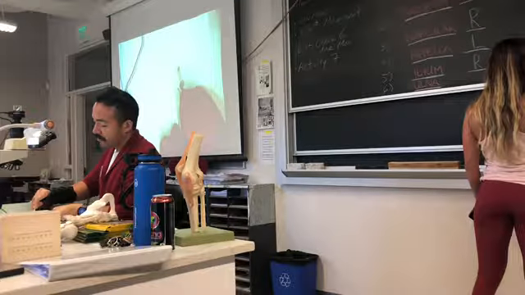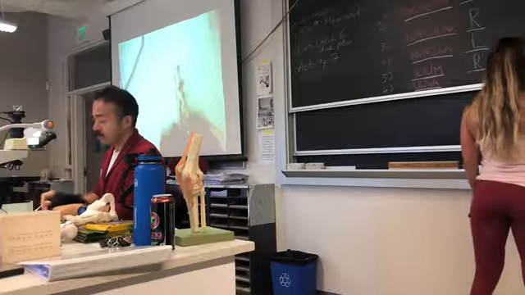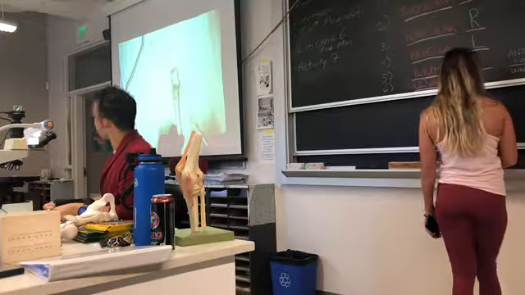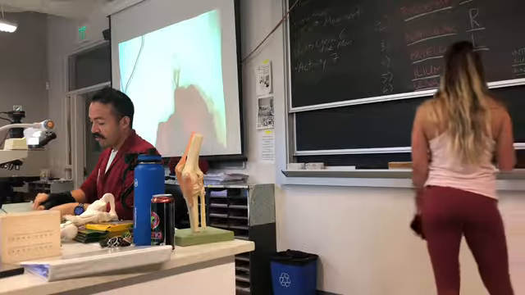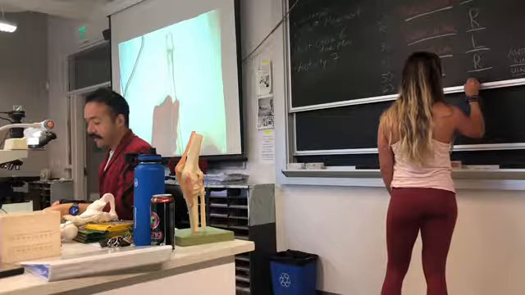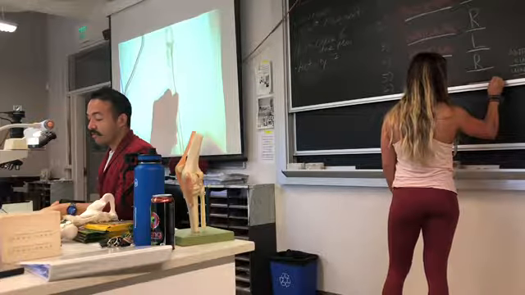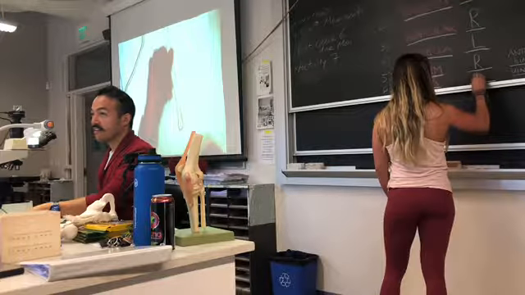This notch up here is for the radius head to fit in. That round part of the radius fits in right here. So given that we have the radial notch here, the ulnar styloid process medially, is this left or right? This is the right ulna.